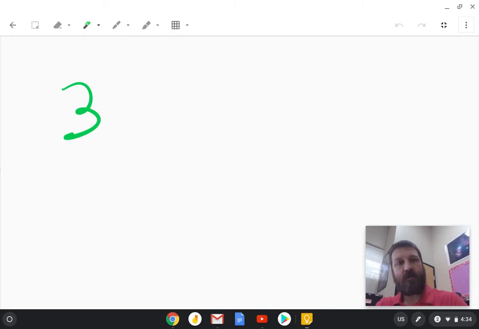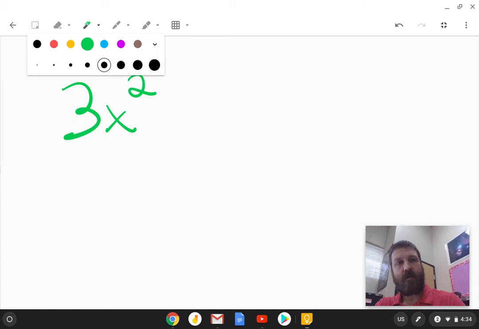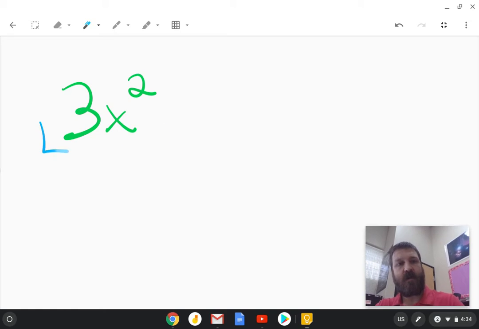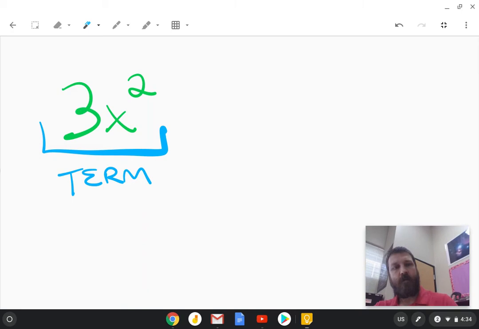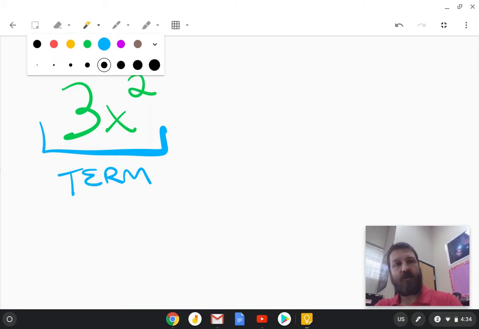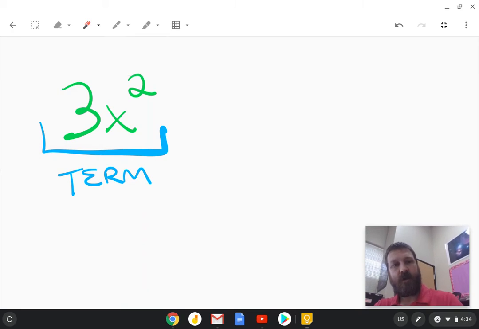So when we look at something like this, the entire unit here is called a term. Within that term, we have some parts. We have constants, like 3. 3 is a constant.